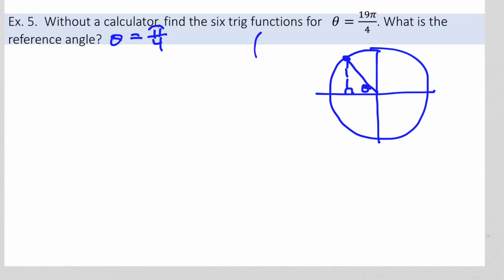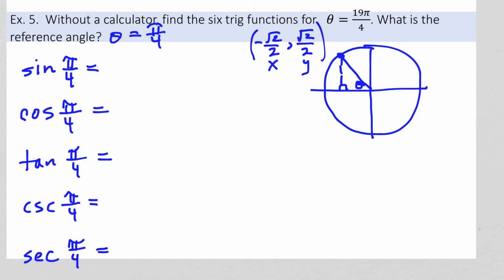And my x and y coordinates are negative in the x, positive in the y. So x, y. All right, let's make our chart. All right, so the sine of pi over 4 is your y coordinate, so that's positive root 2 over 2. Your cosine is your x, so that's negative root 2 over 2.